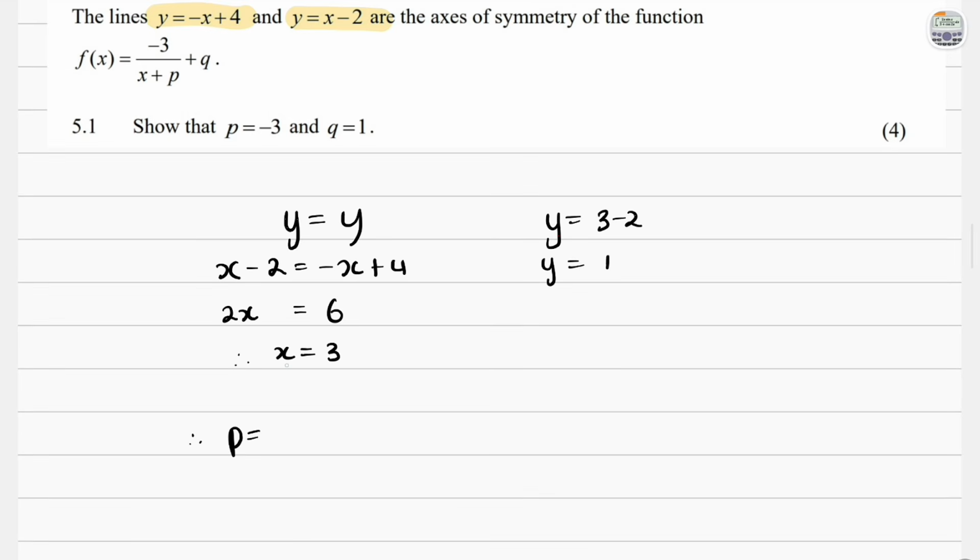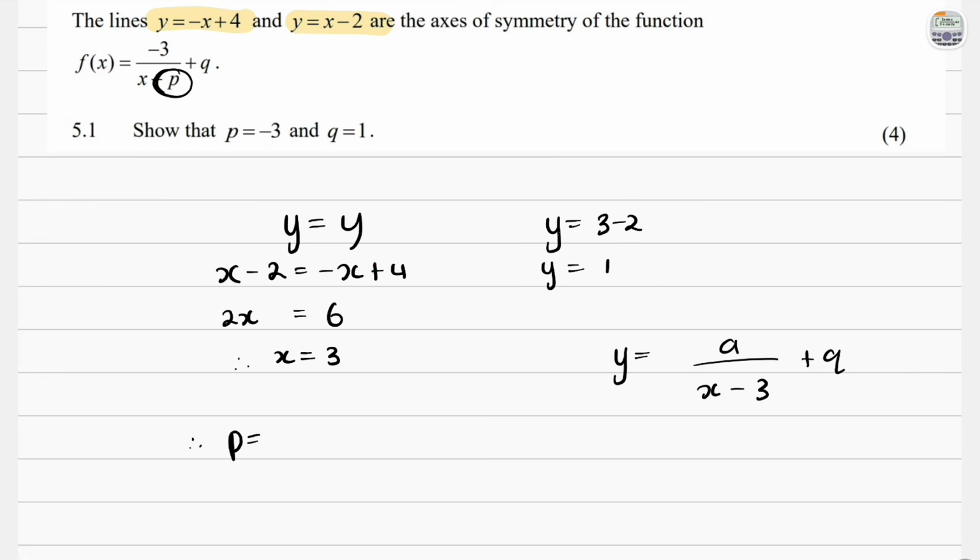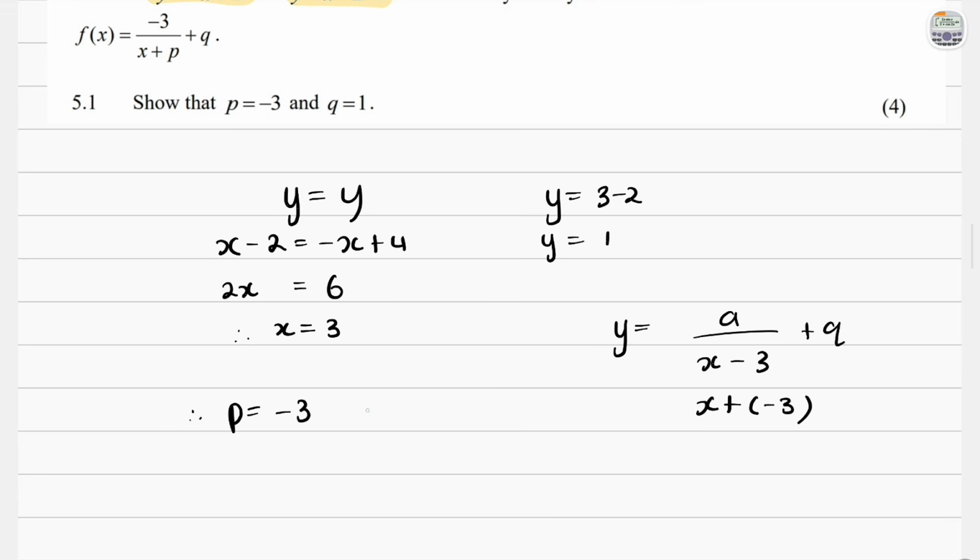The reason is that x is equal to 3, meaning in our original equation, a over x minus p plus q, it's going to say x minus 3. For you to get x minus 3, you must have said x plus negative 3. That's why p is equal to negative 3.